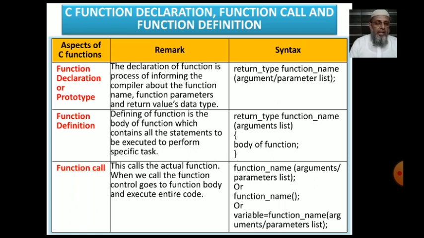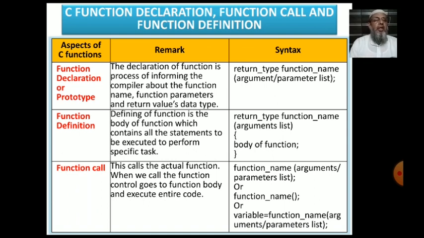The control will go to the function part, and it will do the necessary operation from there. In every case, the control goes to the function body and executes all the statements, whatever instructions are written there.